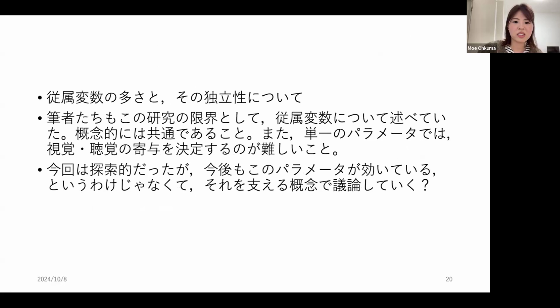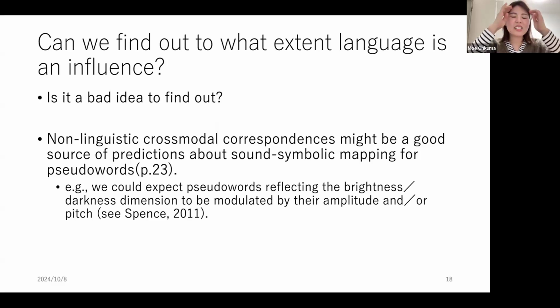Oh, sorry, it's still Japanese, but so yeah, it stopped my... I will stop this.